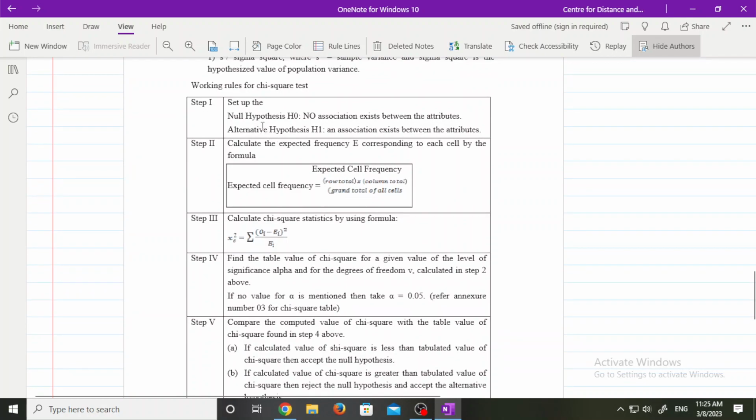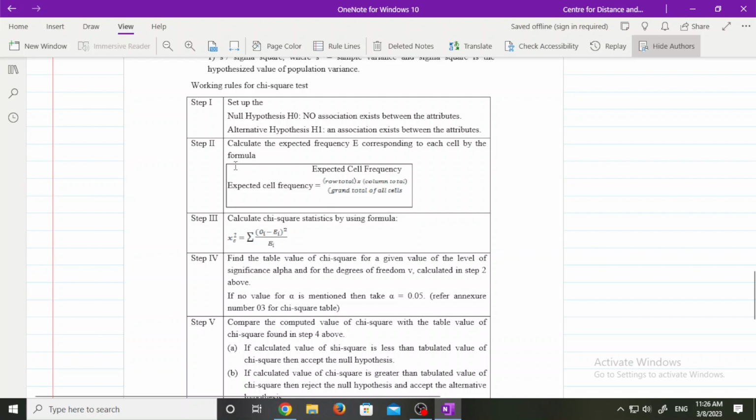Here working rules are given for chi-square test. First, set up the null hypothesis, that is H0: no association exists between the attributes. Then set up the alternative hypothesis, that is H1: an association exists between the attributes.